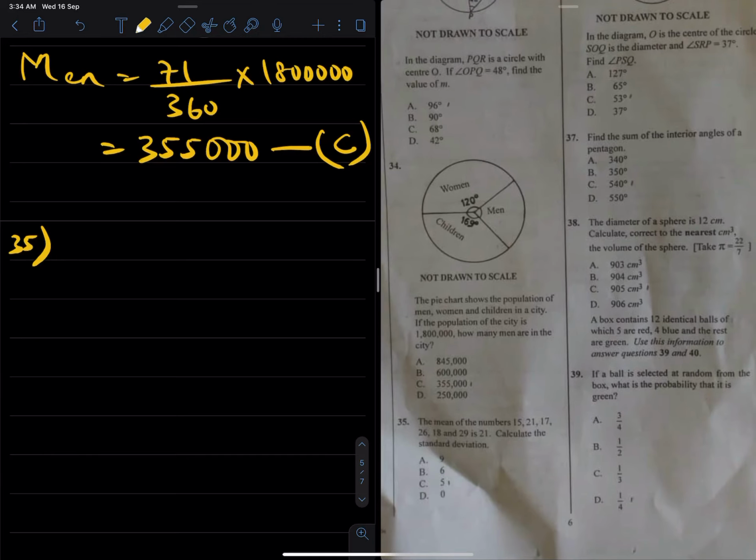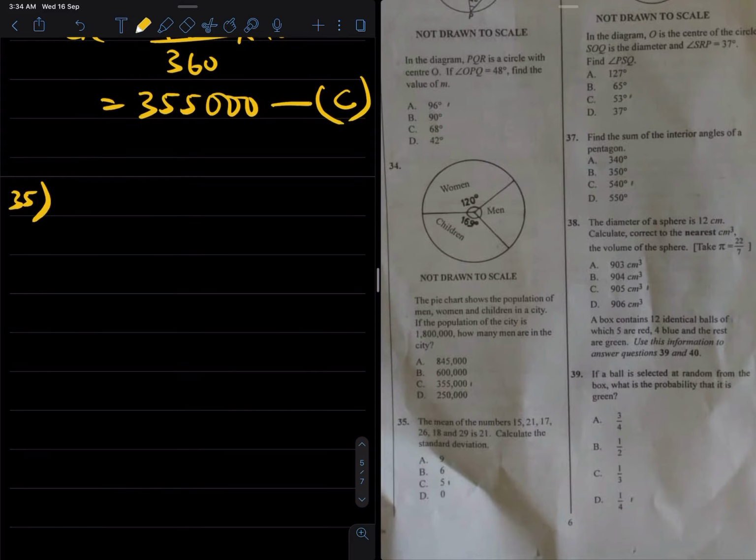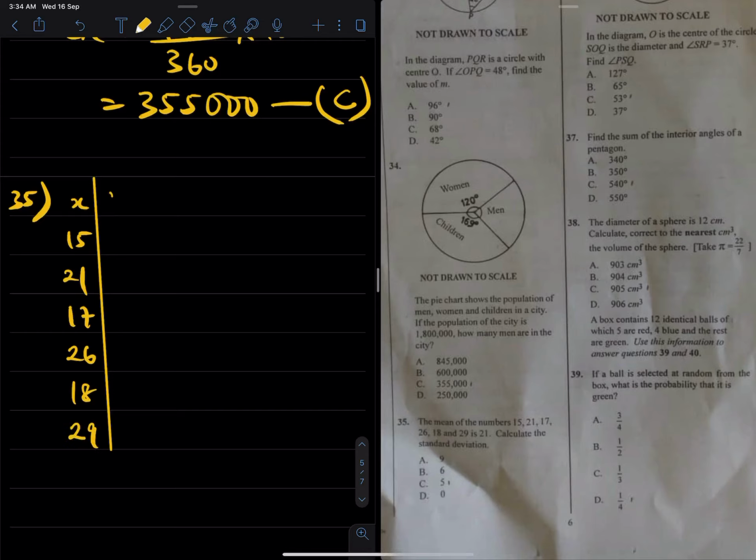The mean of the numbers 15, 21, 17, 26, 18, 29 is 21. Calculate the standard deviation. Okay, for standard deviation, we need this table. The values are 15, 21, 17, 26, 18, and 29.